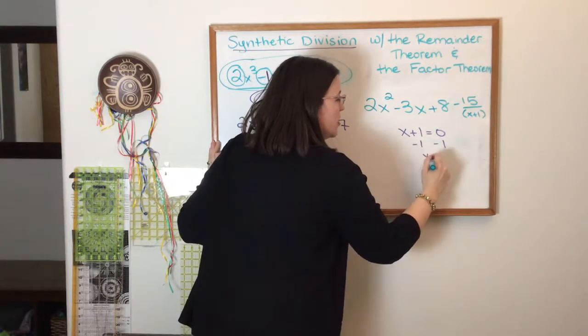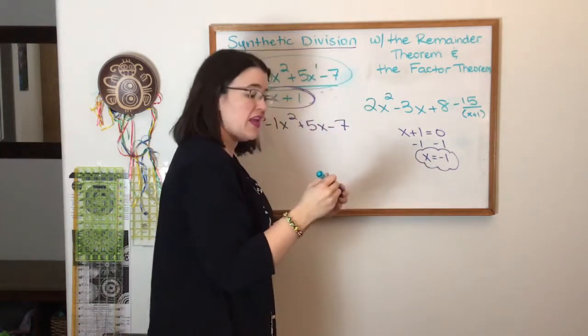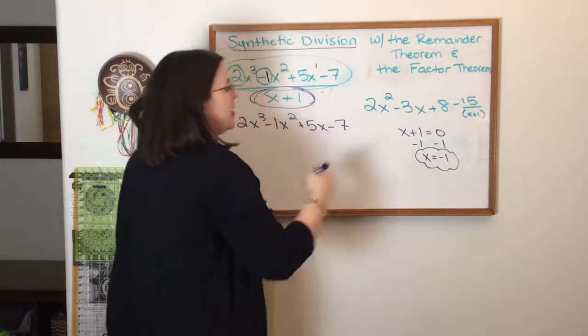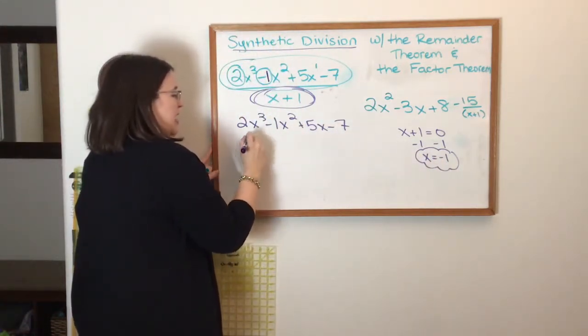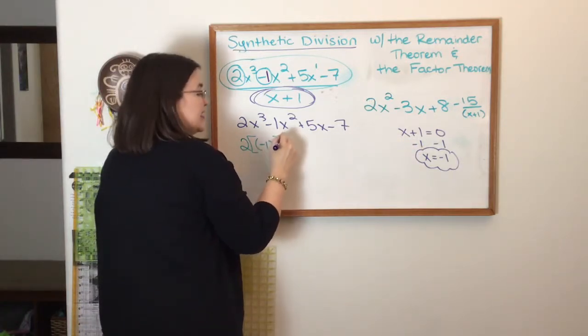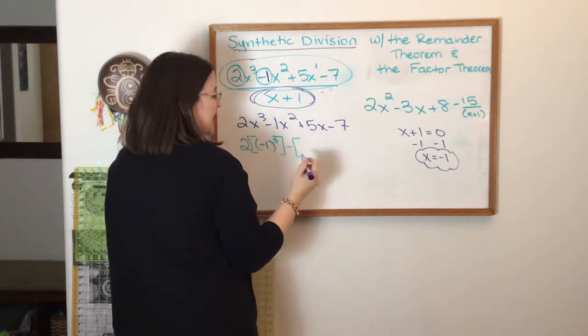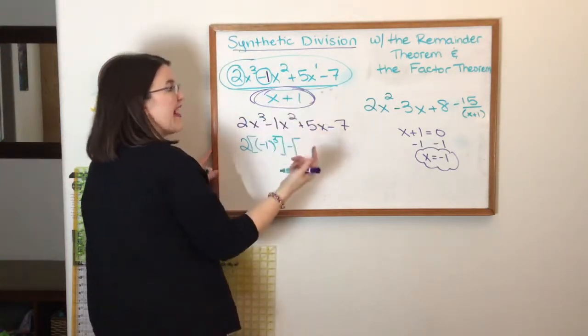I subtract my 1, x equals negative 1. I'm now going to test, remember I said they call that a 0, is it a 0? I'm going to test that 0 in here. What that means is, every time I see an x, I'm going to replace it with negative 1 and see if negative 1 was a 0, or that x plus 1 was a factor of this problem.